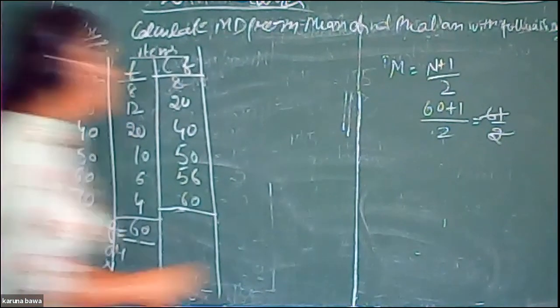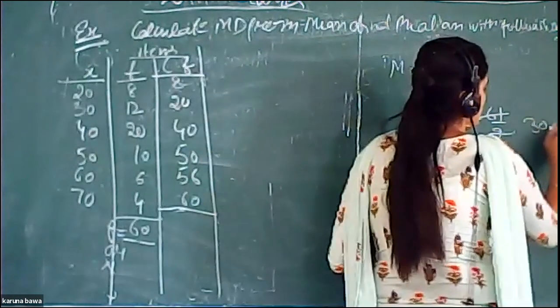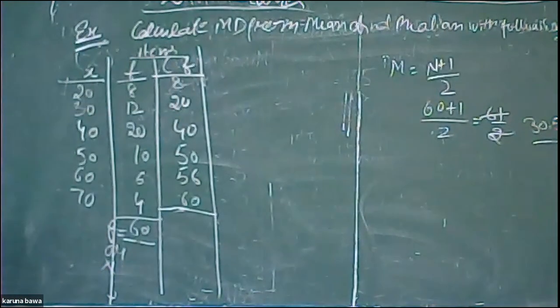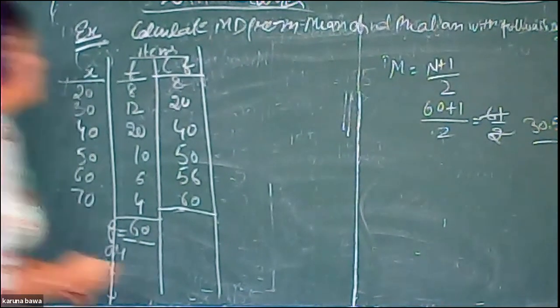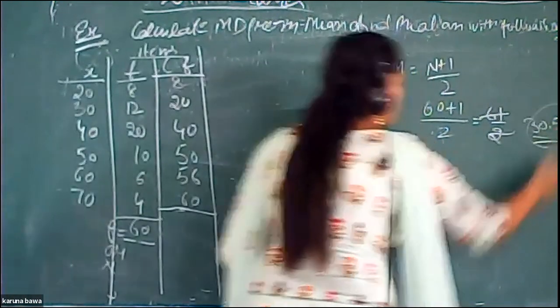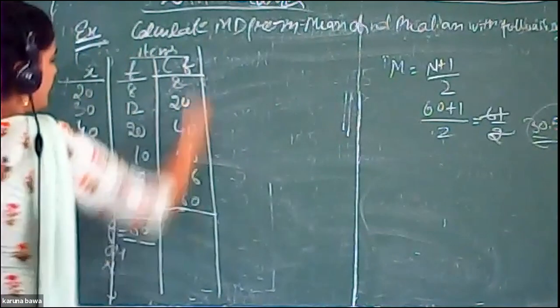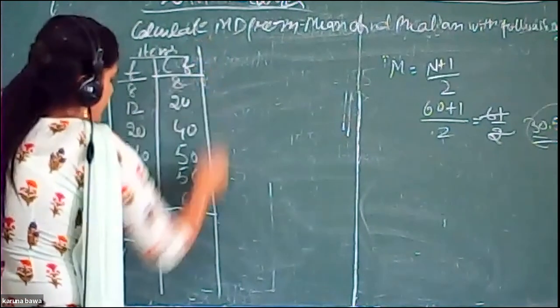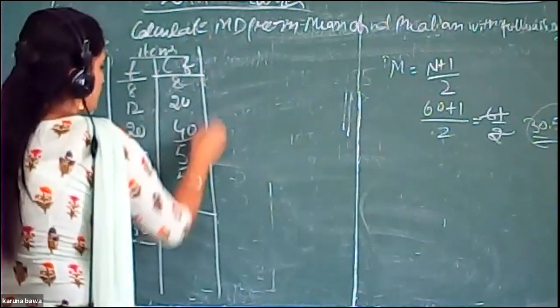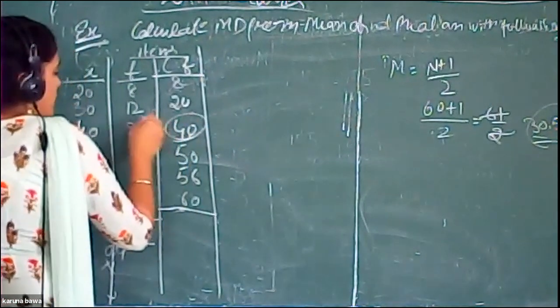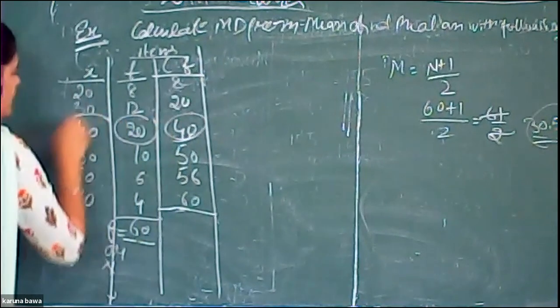We find out the value of 30.5. First of all, we locate 30.5 in the cumulative frequency. The first value in the cumulative frequency higher than 30.5 is 40. The frequency in front of this cumulative frequency is 20 and the x value is 40.